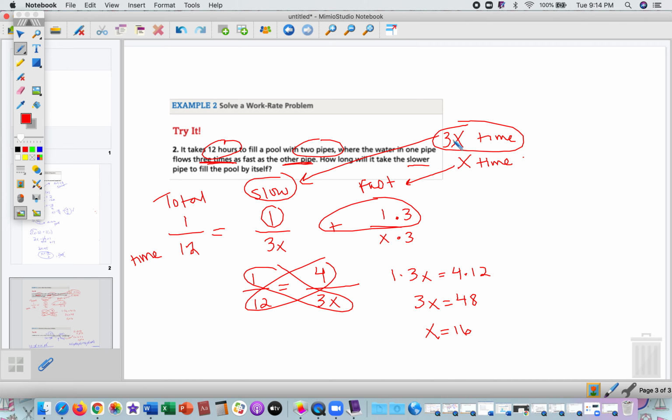And the slow one is 3 times as much. So the slow pool would take 3x, or 3 times, if we found x was 16, which is 48, and we'll add the units, time. It's 48 hours.